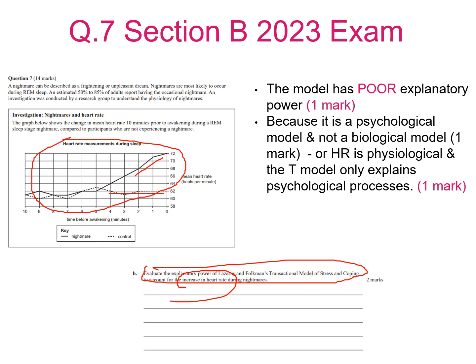The 2nd mark is for the justification, because it's a psychological model, not a biological model, which is what we have with the GAS. So again, be mindful about the terminology here in terms of the explanatory power. It's mentioned 3 times in the study design: for the GAS, for the transactional model, and for the multi-store model in the next area of study.